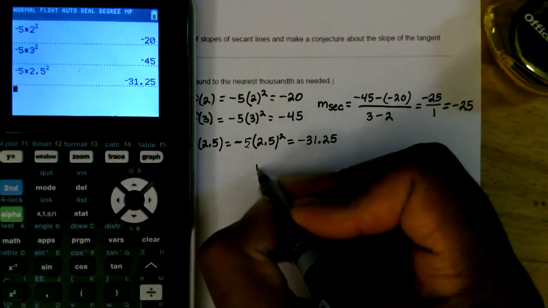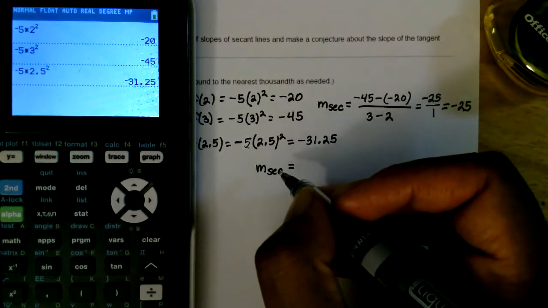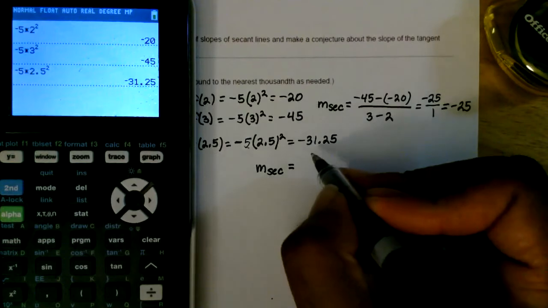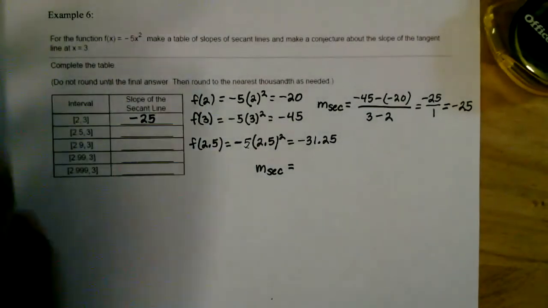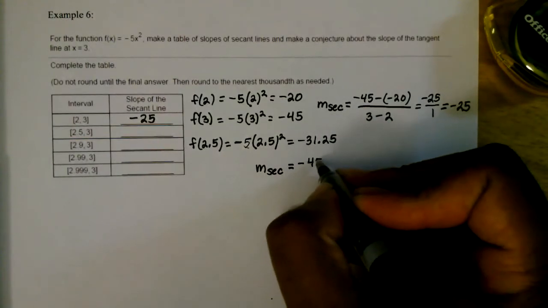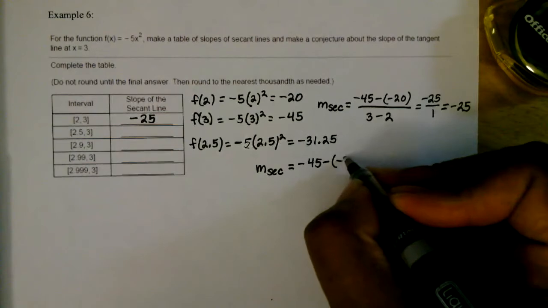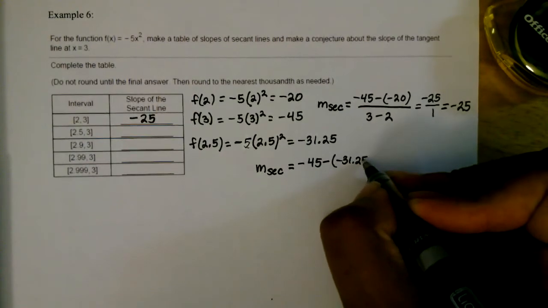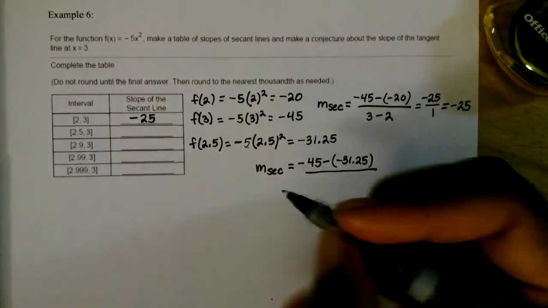So that means that the slope of the secant line would be, actually, it's going to be negative 45 because that's f of 3, negative 45 minus the second, negative 31.25, divided by 3 minus 2.5.